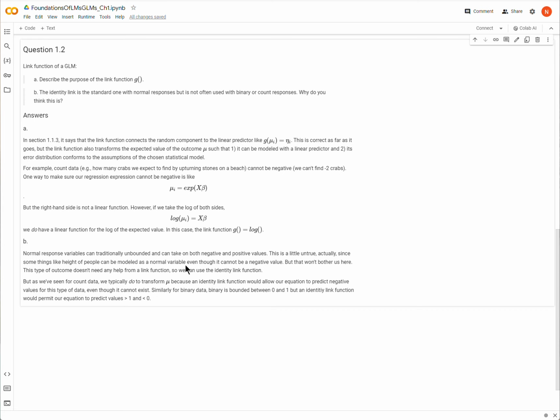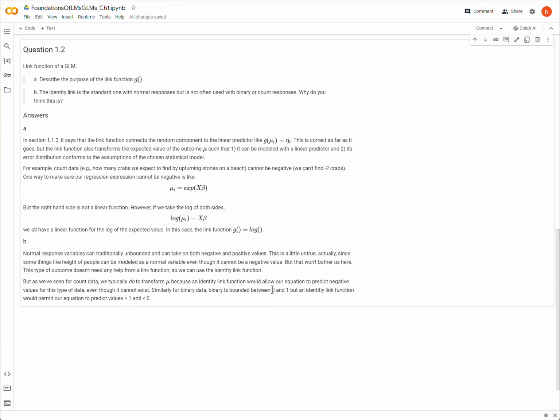If we didn't transform count data, our model would, in principle, be able to predict negative values of crabs. Similarly, binary data is yes or no, and we might model this by the proportion of yeses to total responses. That is always going to be bounded between 0 and 1.